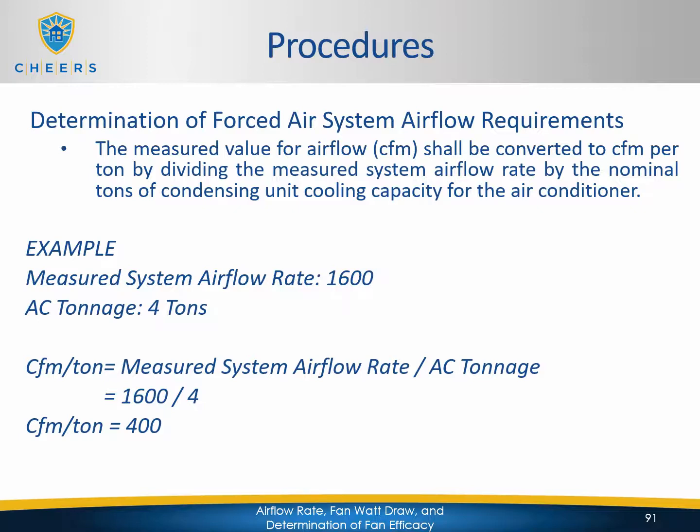We know that the tonnage is 4 tons. Keep in mind that for the adequate airflow, it always has to be 400 CFMs per ton. So all we're going to do is divide the 1600 that we measured by the number of tons. And that gives us 400 CFMs per ton. So in this particular case, we know that the system does meet the forced system airflow requirement.